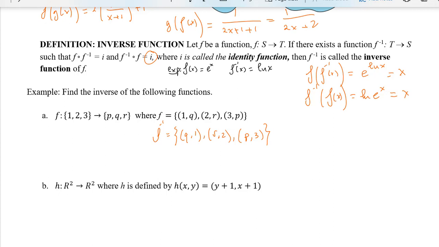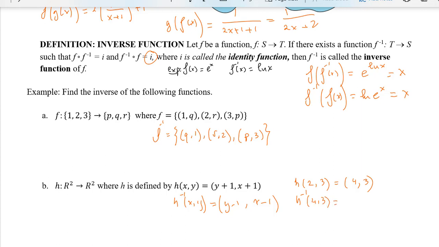And for this one here, so h inverse, what should we do? We're going to do y minus 1 and then x minus 1. Let's see an example. h of 2, 3, that is 3 plus 1 is 4, and x plus 1, which is 2 plus 1 is 3. Now, what is the h inverse of 4, 3?